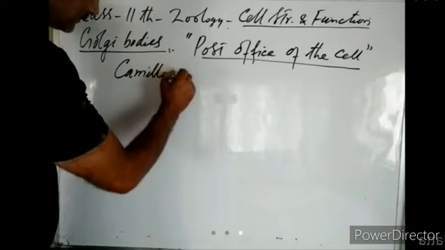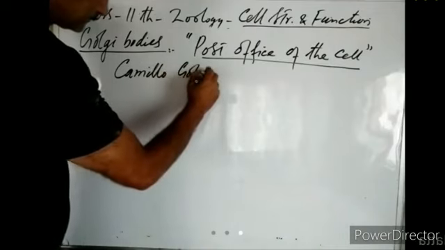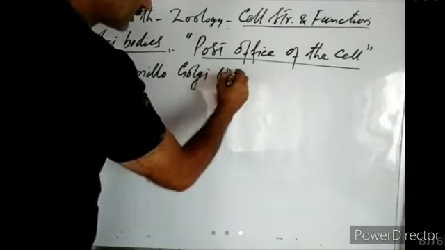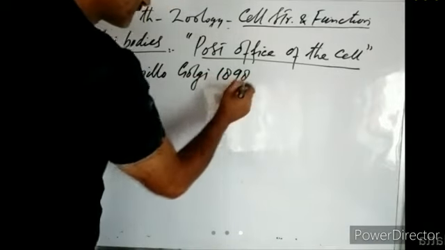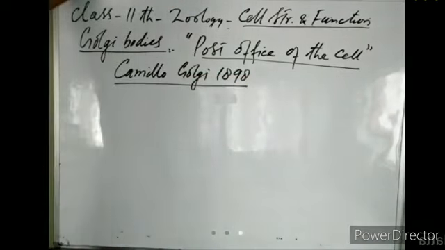That is why they are known as the post office of the cell. Who discovered these Golgi bodies? They were discovered by Camillo Golgi in 1898.